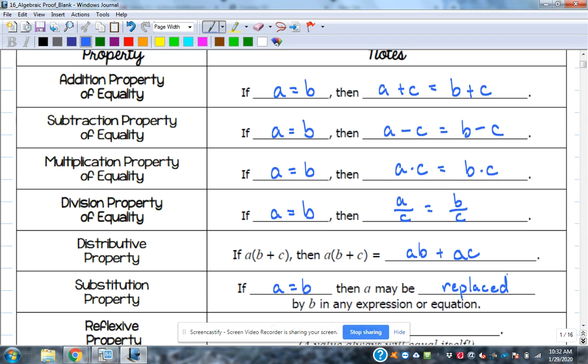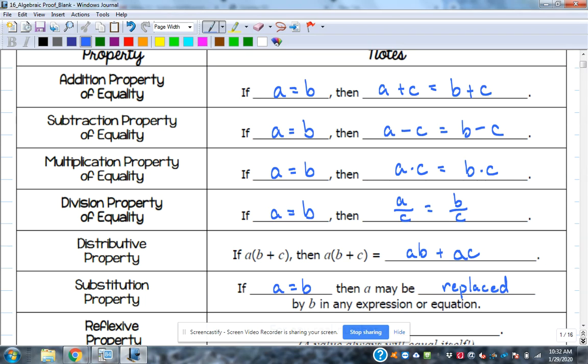We use that when we're evaluating length of segments and stuff like that. We use that when we solve systems of equations. We use the substitution property. Taught that in Algebra 2 this week sometime.